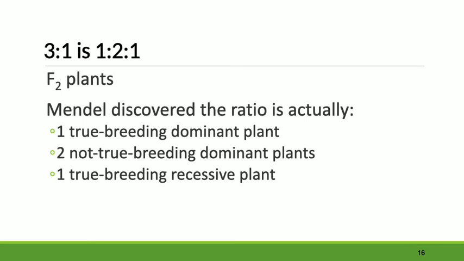But under the surface, when he did all those follow-up experiments to figure out if they're true breeding or not, he found out that all the white ones are true breeding, but out of the purple ones, a bunch are not true breeding. And the ratio for that hidden information was 1 to 2 to 1.